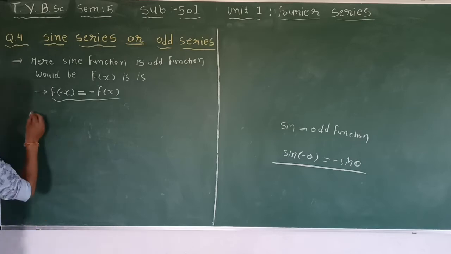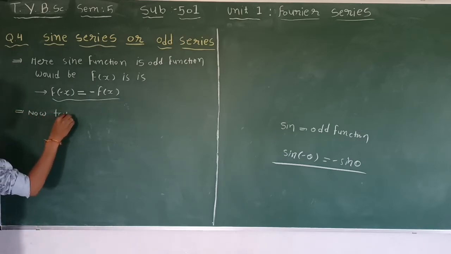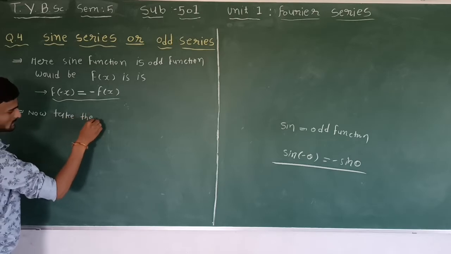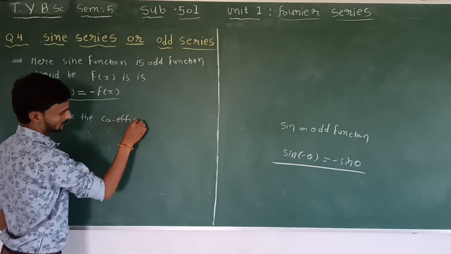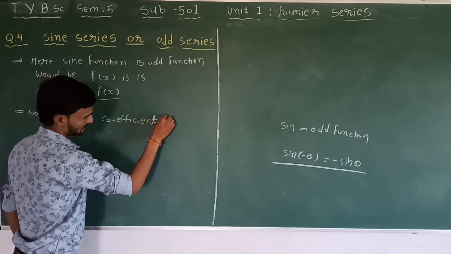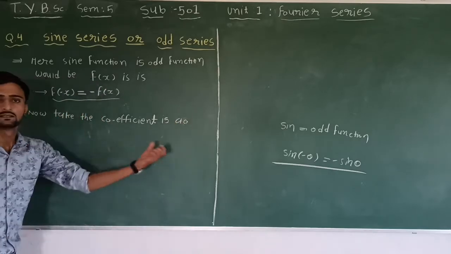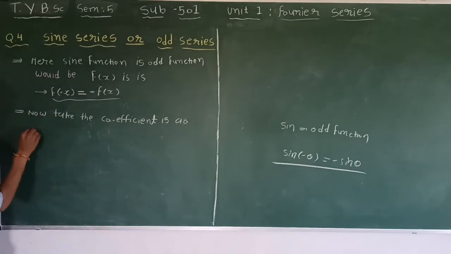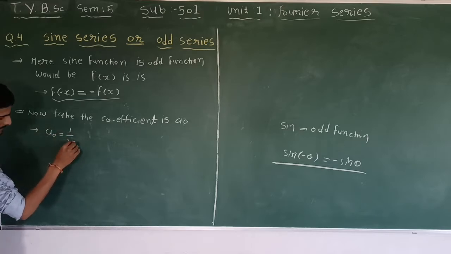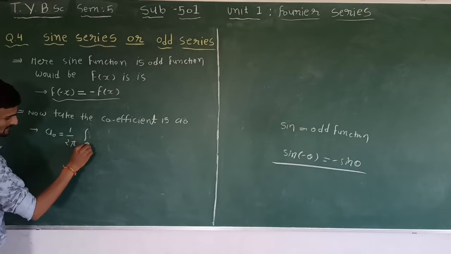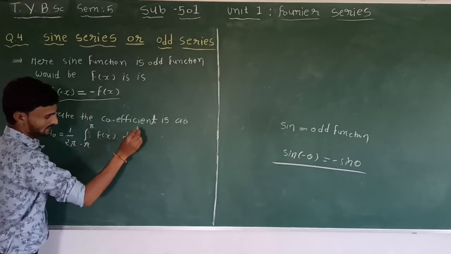Now take the coefficient A0. First of all, A0. The equation of A0 is 1 upon 2 pi, integral from minus pi to pi of f of x dx.